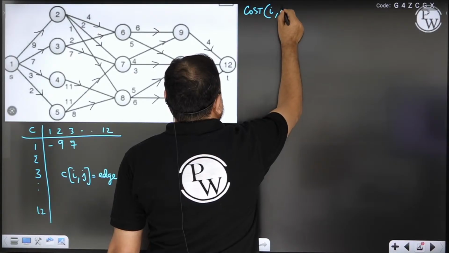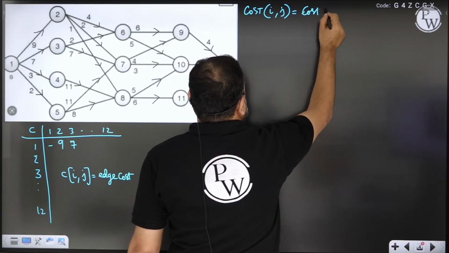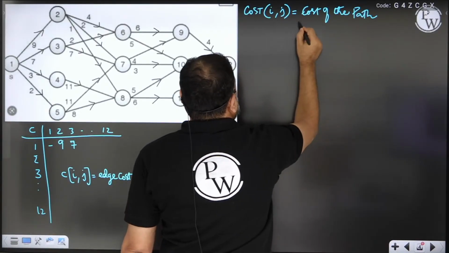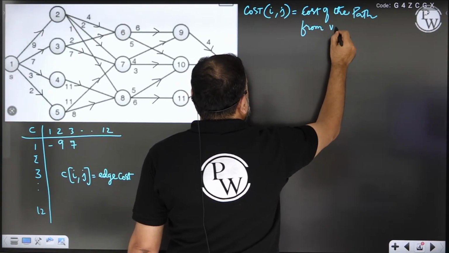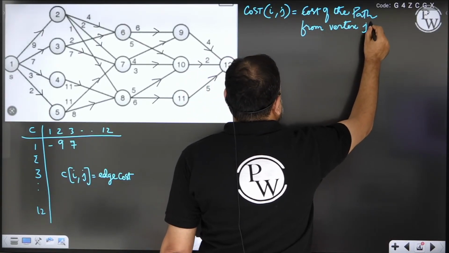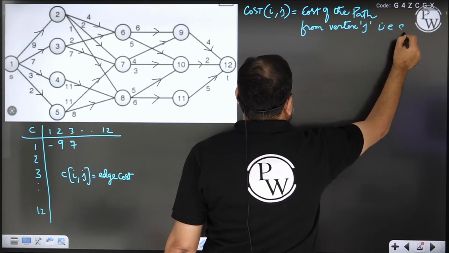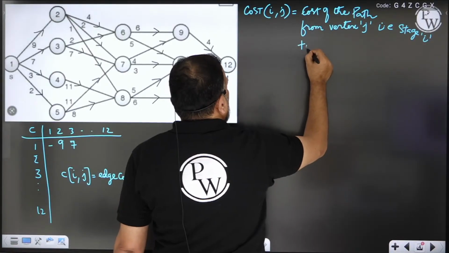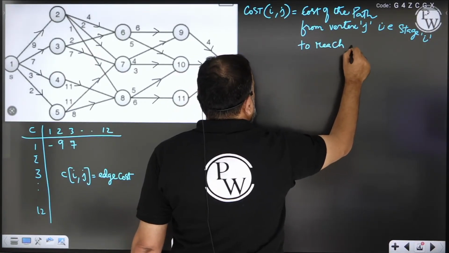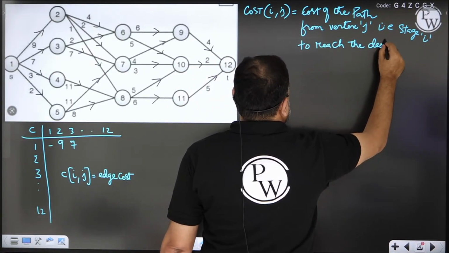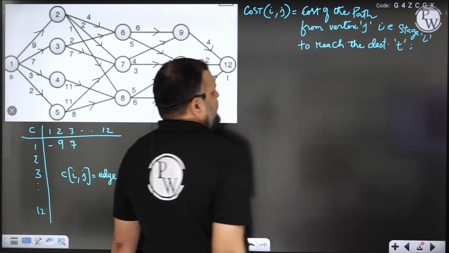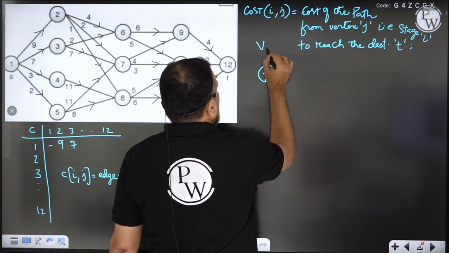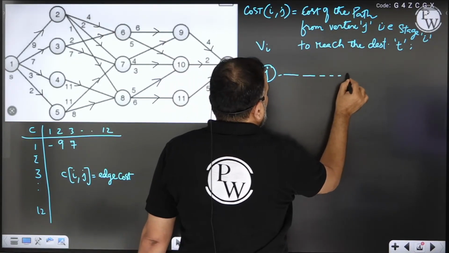Cost of Ij represents the cost of the path from, notation काफी important है please, from vertex J that is in stage I, to reach the destination. Diagrammatically we said we want to go from vertex J, which is present in stage I, to reach the destination T.